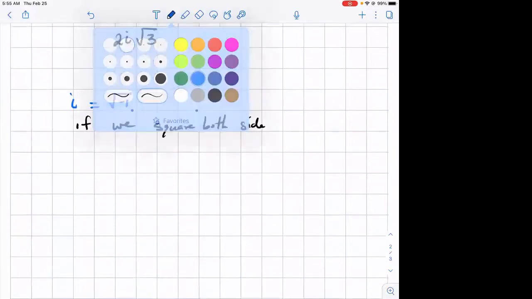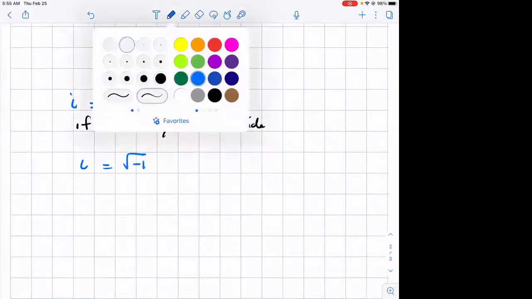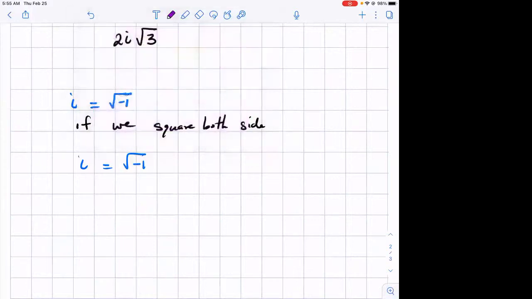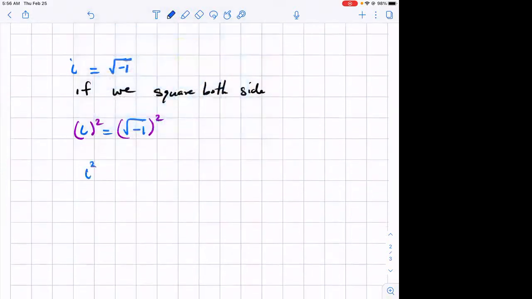If we square both sides, we end up with i squared. And remember that the square will cancel out the square root, and that leaves us with negative 1. So i squared happens to be negative 1.